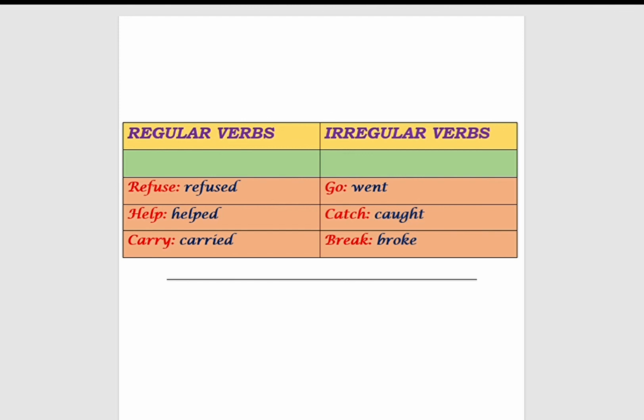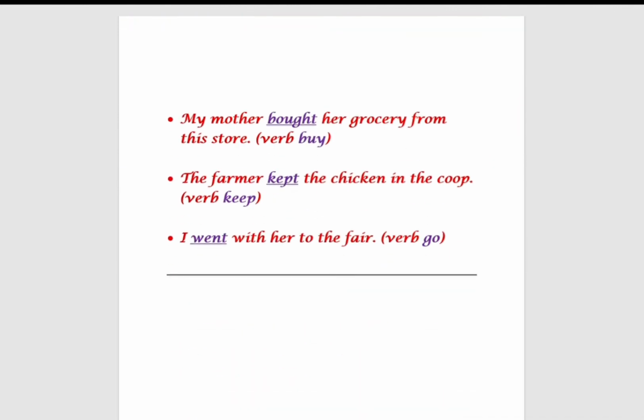So refuse becomes refused, help, helped, carry, carried. And the irregular verbs are the verbs which change their form to indicate the past tense. Like go becomes went, catch, caught, break, broke. Then look here at the sentences.